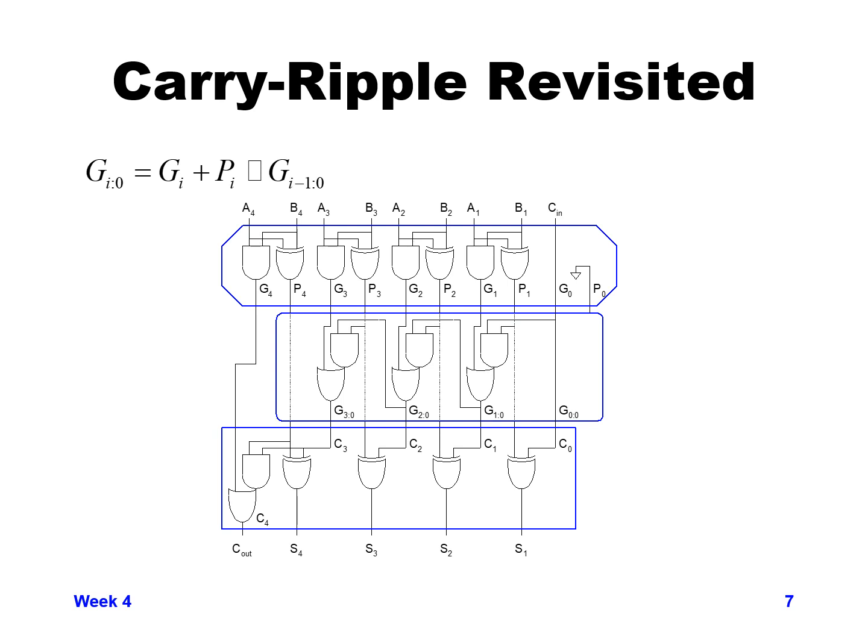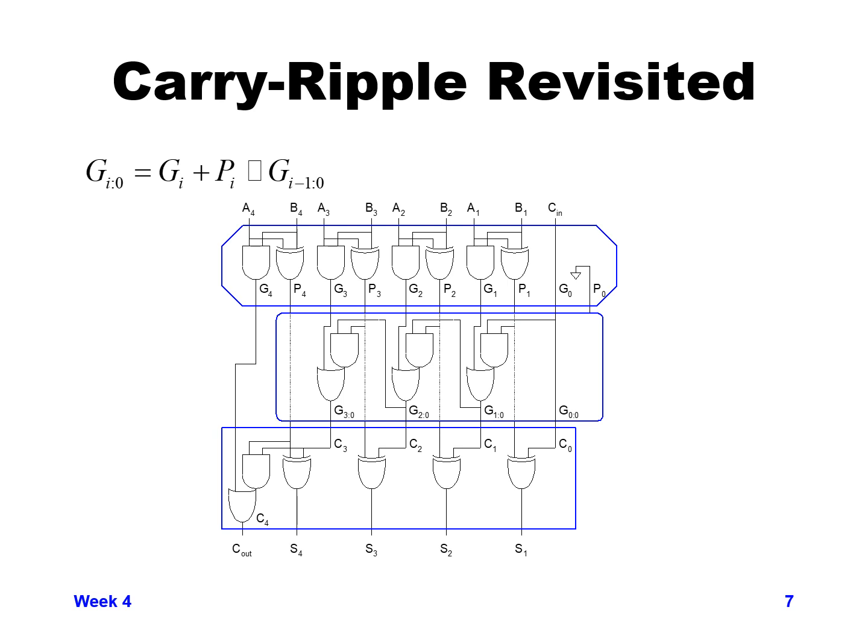This is how you could implement that function in the middle row shown there, where G sub 0 just goes straight through to give us C sub 0, but G sub 1 colon 0 needs to take the generate of 1 along with the propagate of 1 and G sub 0.